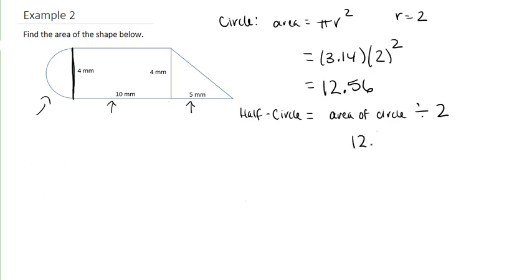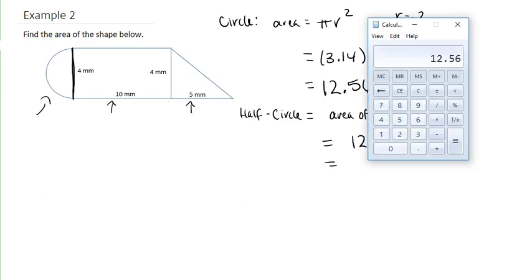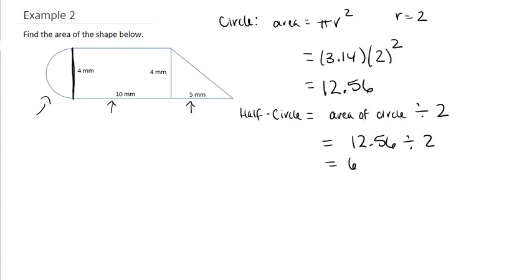So we get 12.56 and then divide it by 2. So we'll just take this number, divide by 2, and we get 6.28. And this is millimeters squared. So we'll box it so we know we can add it at the very end.